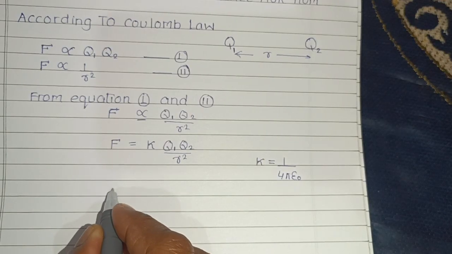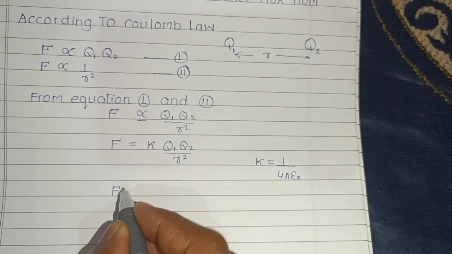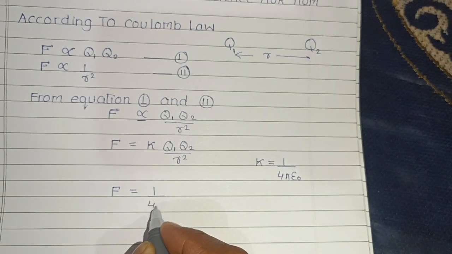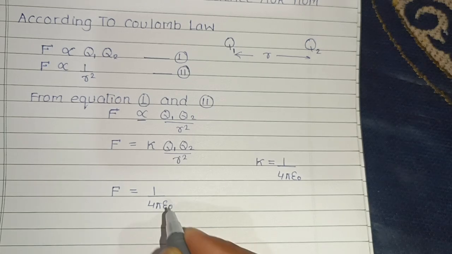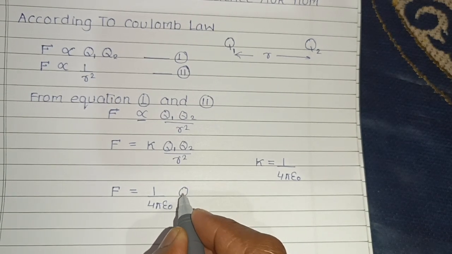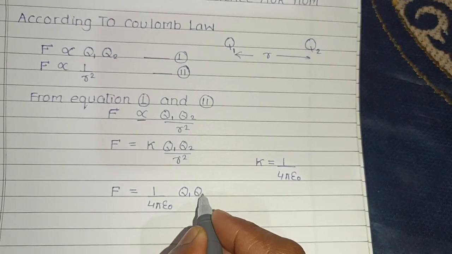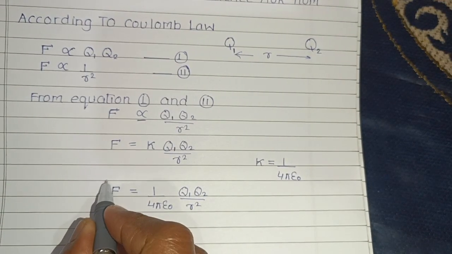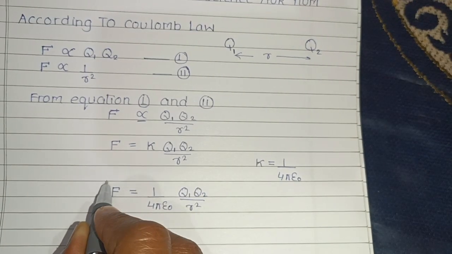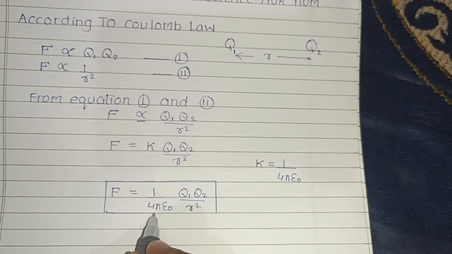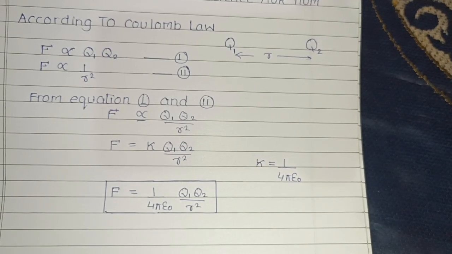So we can write F is equal to 1 upon 4 pi epsilon naught Q1 Q2 by R square. This is the Coulomb law.